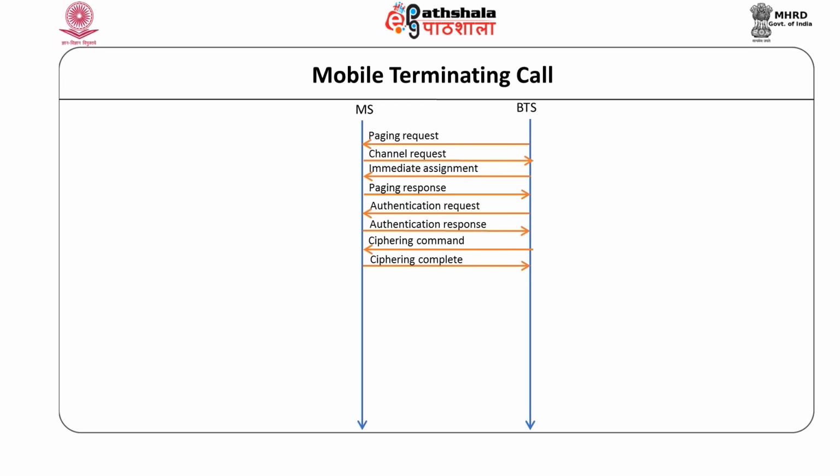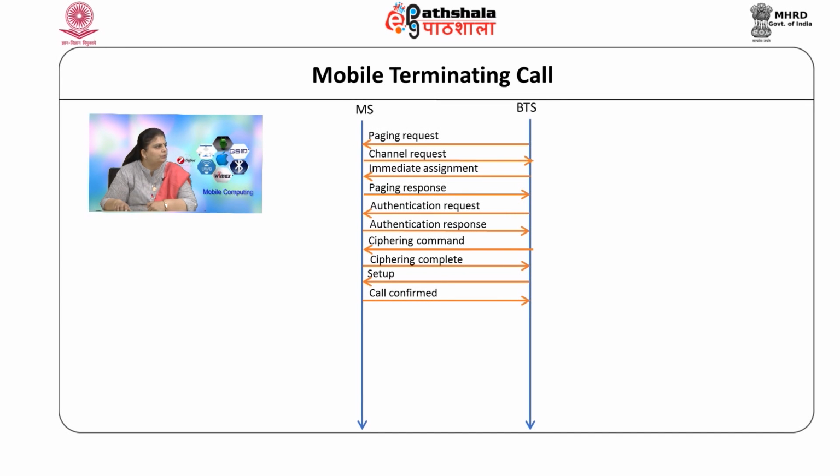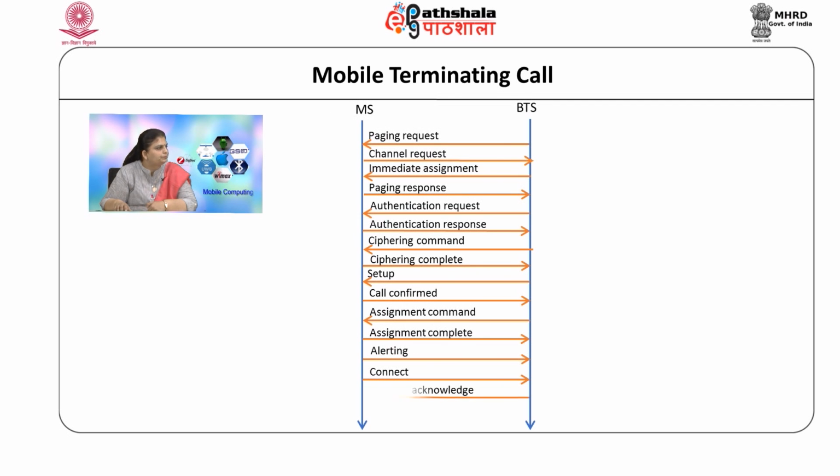These four steps comprise authentication and ciphering, and after that the call is set up, with a call confirm message from the mobile station to the BTS, then the assignment of the traffic channel by the BTS, and then the mobile station sends the alert message indicating that it is ringing and a connect message indicating that the user has picked up the mobile phone.